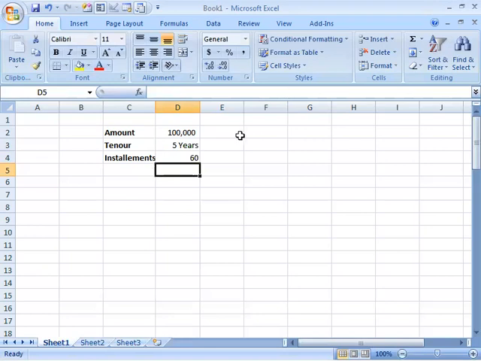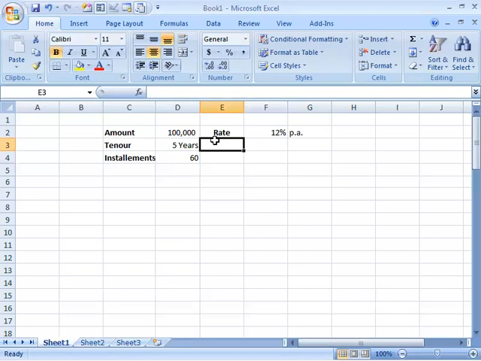So what about the rate? Let's say the rate is 12% per annum. So this is the annual rate, but ensure you convert this rate to the monthly rate.